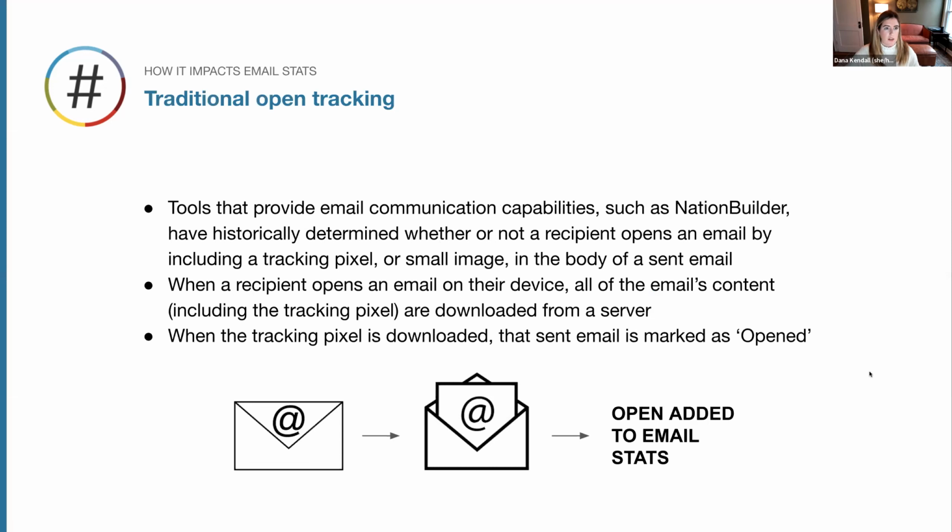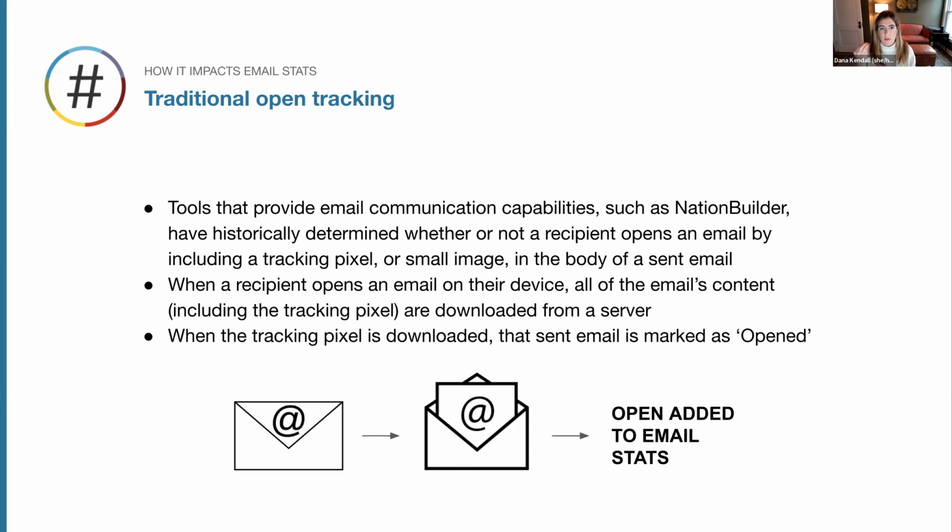So how does this impact open stats? The first thing we have to understand as a group is how open rates are calculated. Any tool that does email blasting, like NationBuilder, Constant Contact, MailChimp, tracks opens in the same way: by including what is called a tracking pixel, which is really just a tiny transparent image in the body of any sent email.